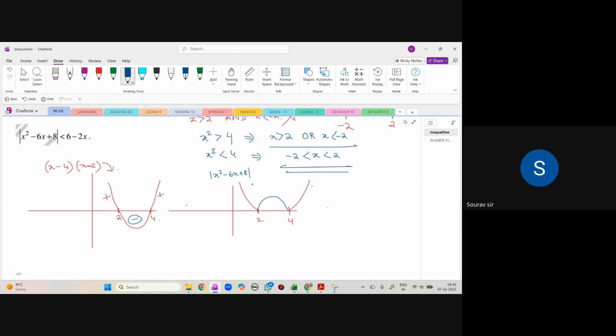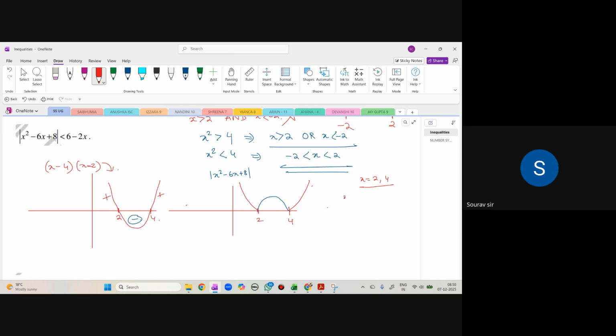So now that means we are talking about two critical points, x equal to 2 and x equal to 4, right? So when it is less than 2, it is positive. The expression is positive, right? Okay.